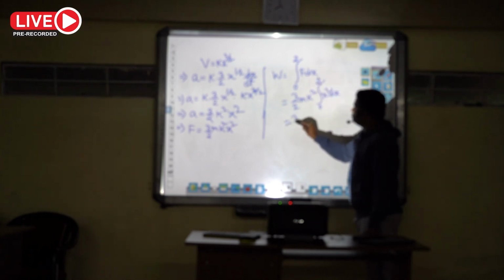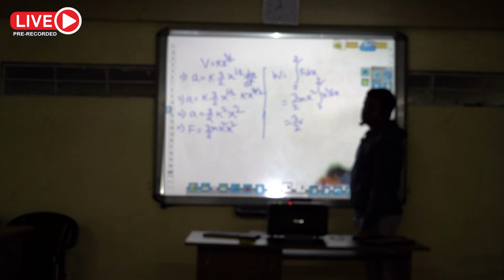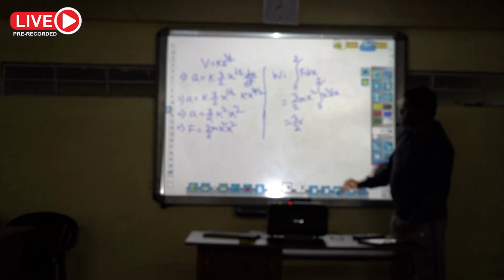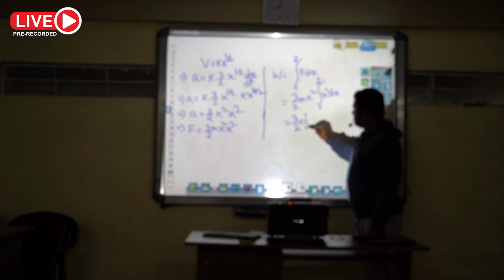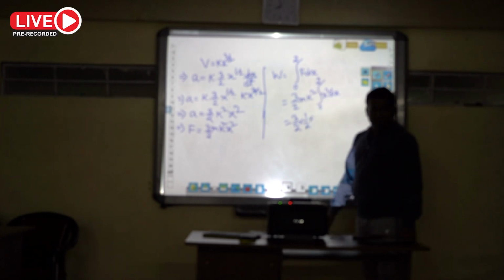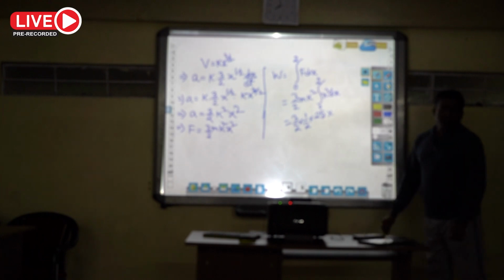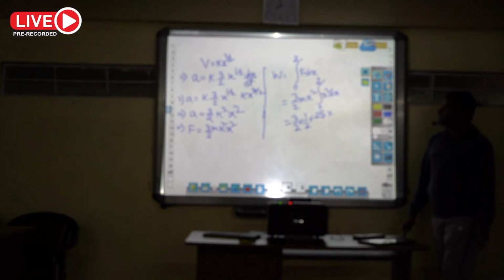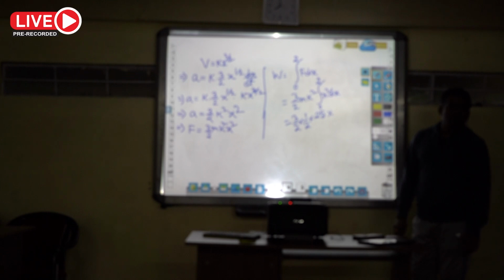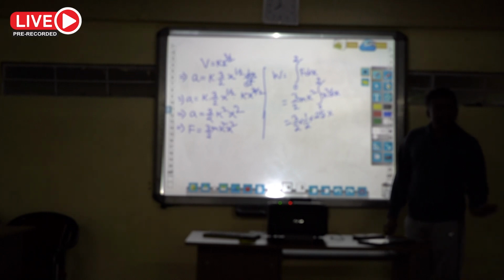So it is 3 by 2. What is the mass given? Mass is half, and k is given as 5. So 5 square is 25, into x cube by 3. Upper limit will be 2 cube by 3 and lower limit will be 0.